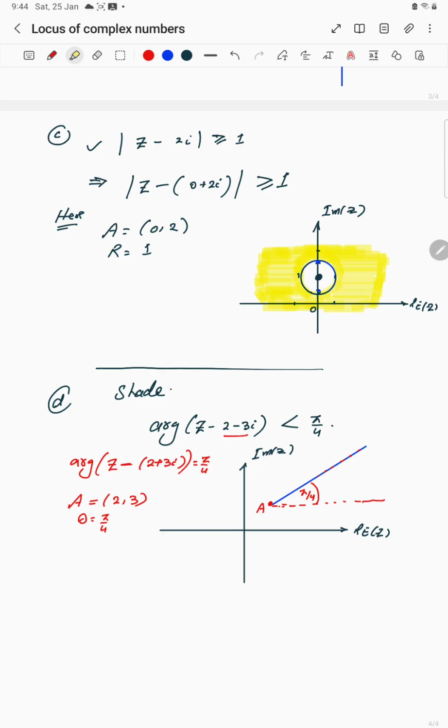Now the question says argument of z minus a fixed point is less than pi by 4. So less than pi by 4 means only less than, so the blue line will not be part of your shading, only inside it. You will shade this area only, right? Because if it is greater than, then you will go outside of the blue line, upward. Fine. I hope it is clear.